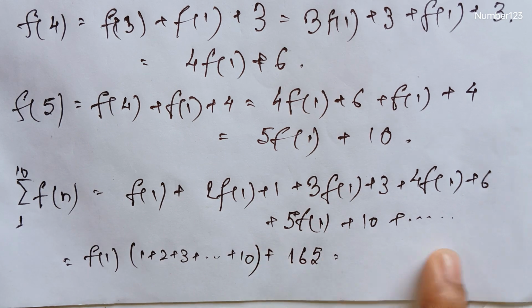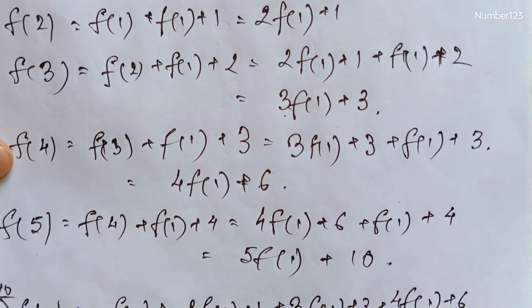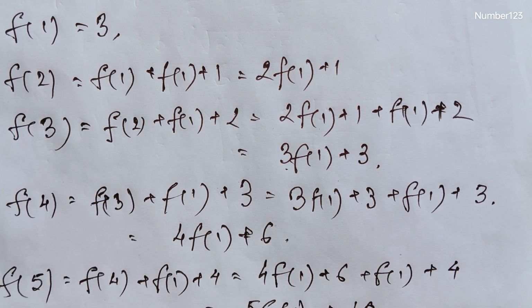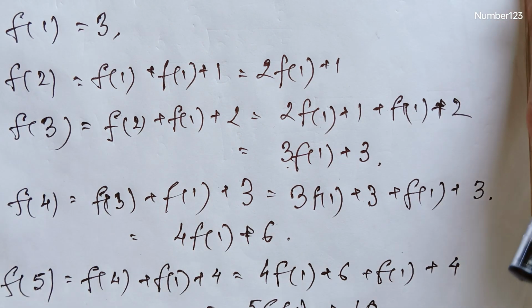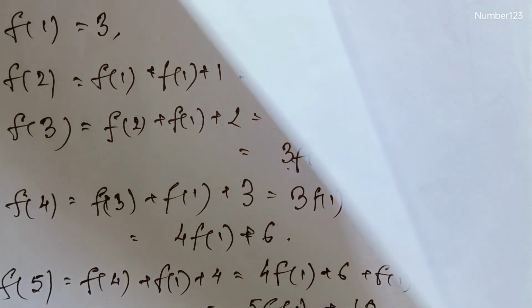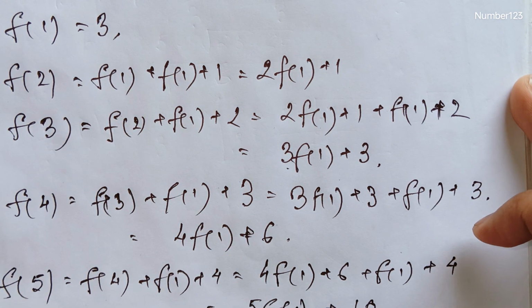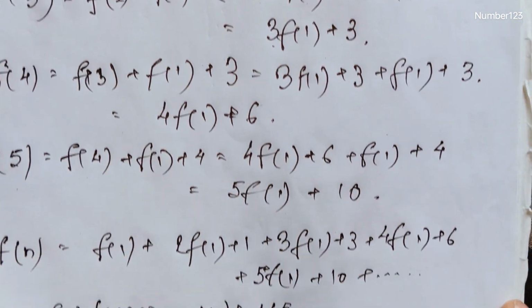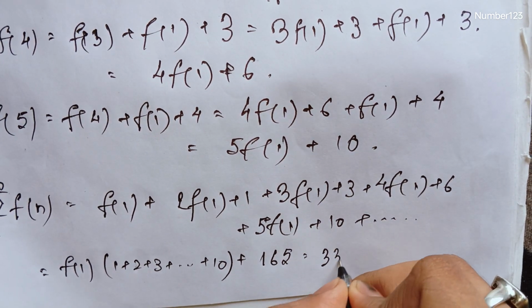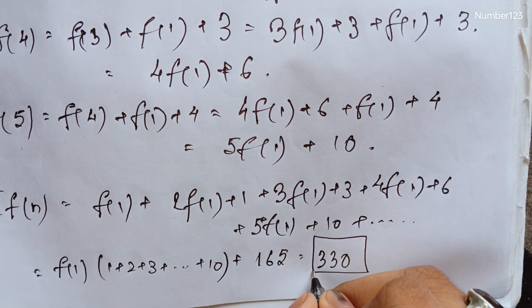So 55 into 3 means 165, and 165 + 165, so we get 330. This is the correct answer.